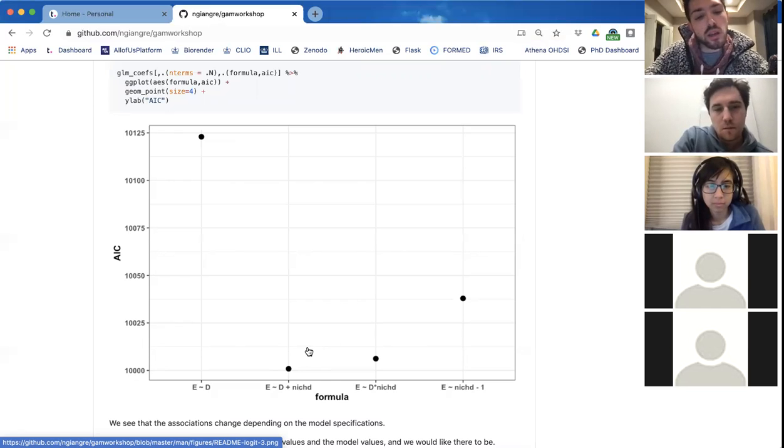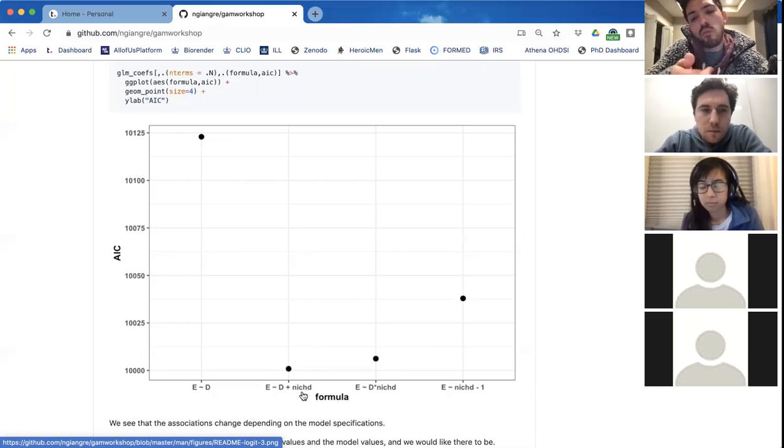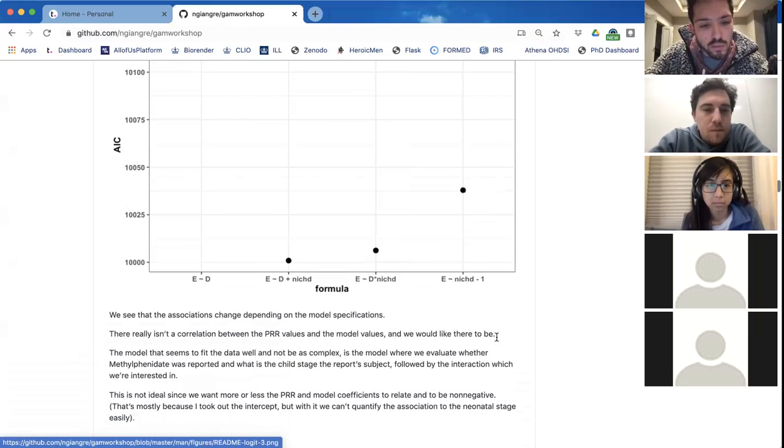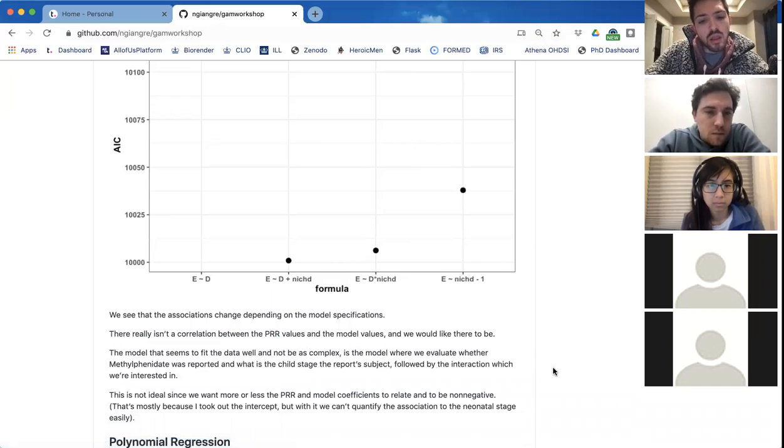And the point is that the models that include the characteristics of the event reporting and the child development stages are better than the models with just the individual characteristics. Though the model that doesn't have the interaction seems to be a little better, with a lower AIC value.